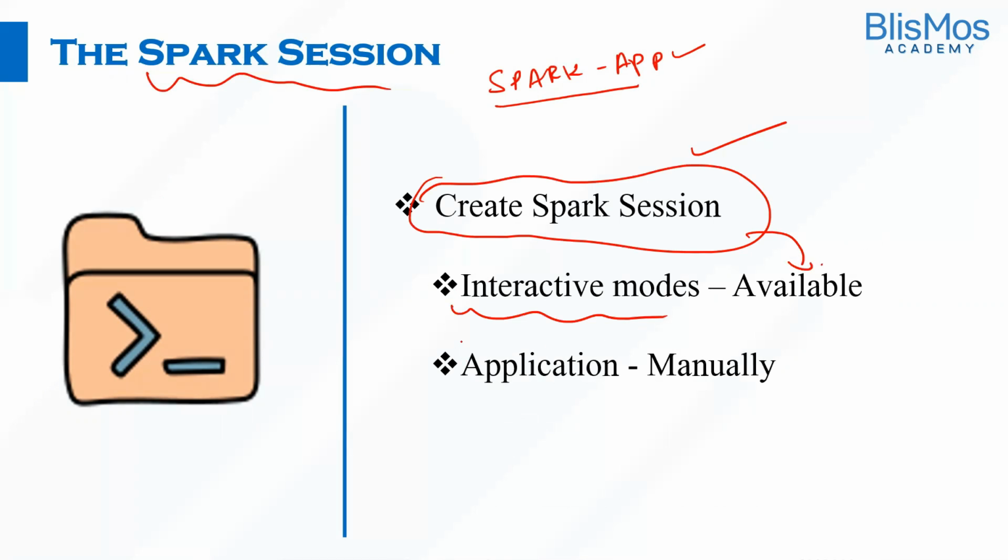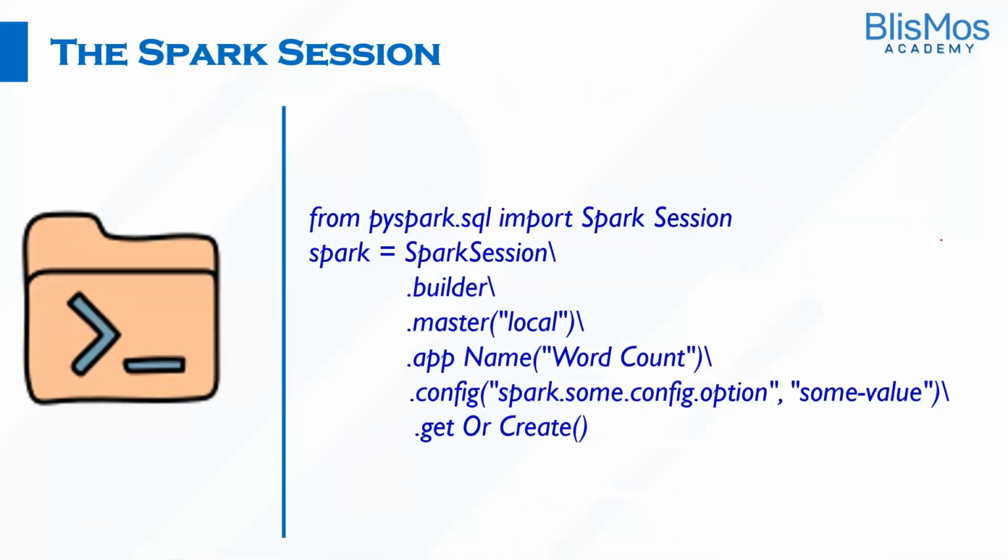But in an application, you have to create the Spark session manually. So this is how you create the Spark session. SparkSession.builder.master, you have to provide the app name, you have to say getOrCreate. This is how you create the Spark session.